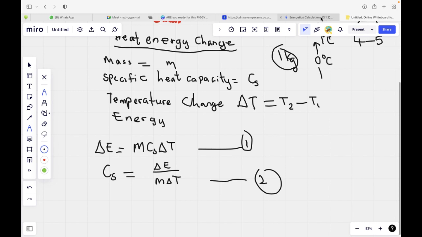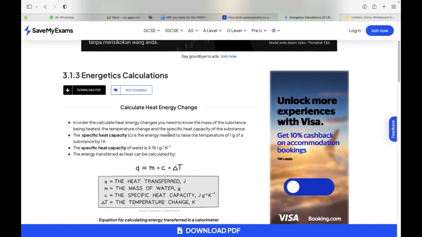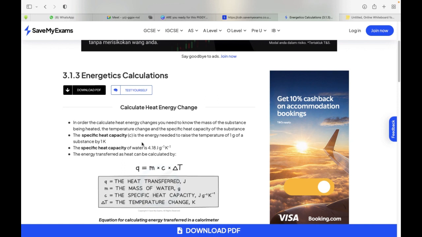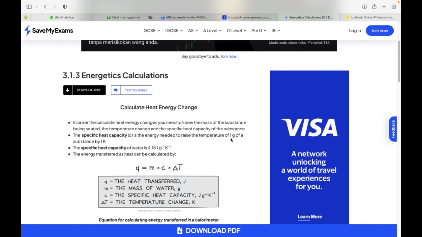Is that okay? So let's quickly take a look at what we're talking about. We've already stated what specific capacity is. We say it's the energy that is required to raise 1 kg of a substance through 1 degree Celsius. Sometimes they can use gram instead of kilogram.